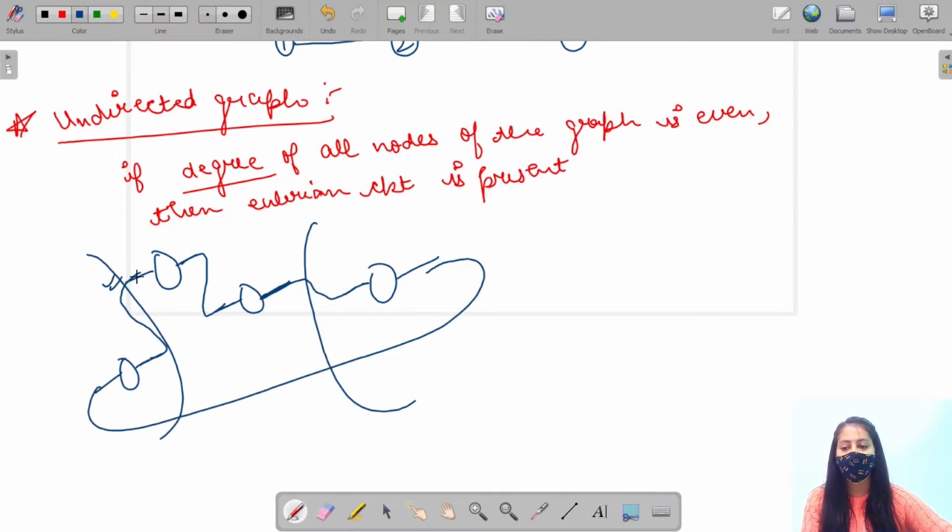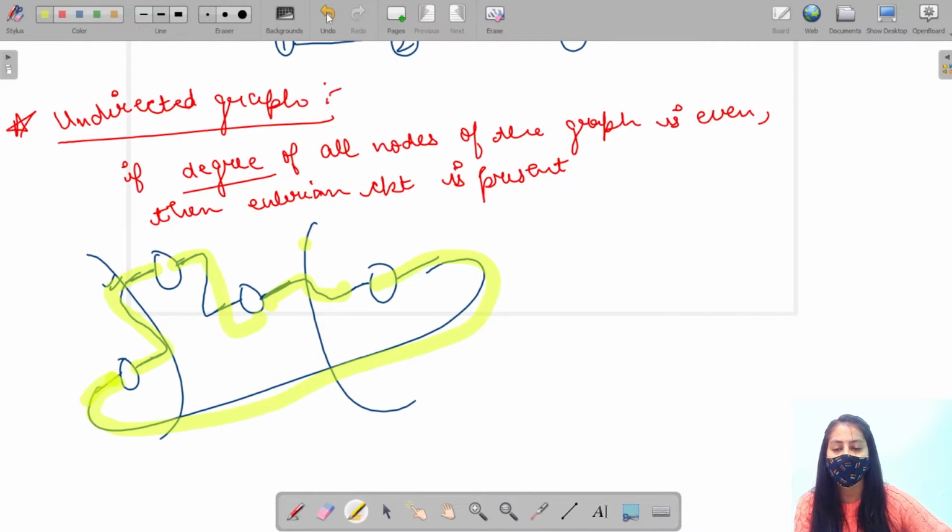So this condition is always true: if the degree of all the nodes of a graph is even, then an Eulerian circuit is possible in that graph. That is, we can visit all the edges of this graph and return back to the same node from where we started, right? So the Eulerian circuit is present in this undirected graph.